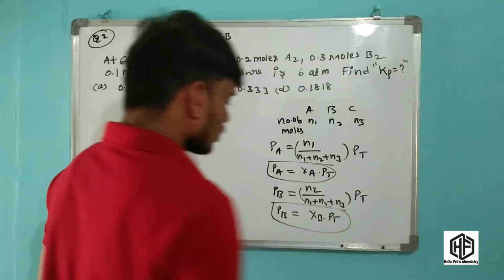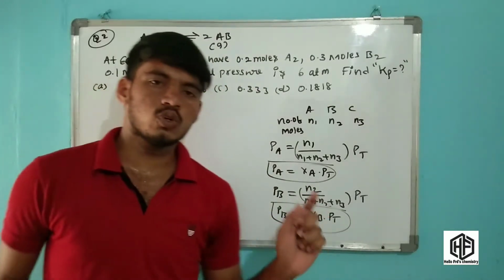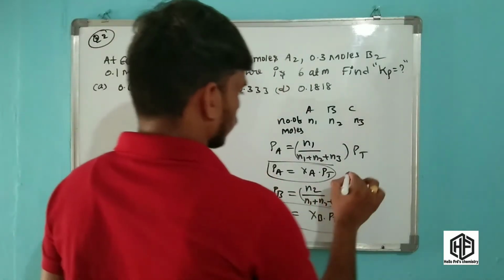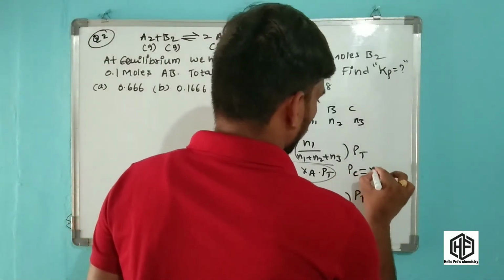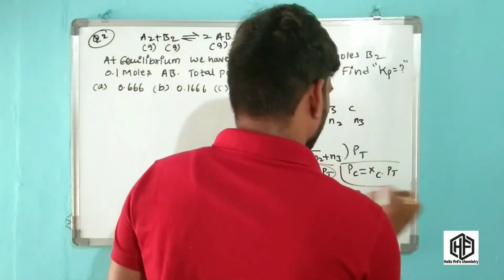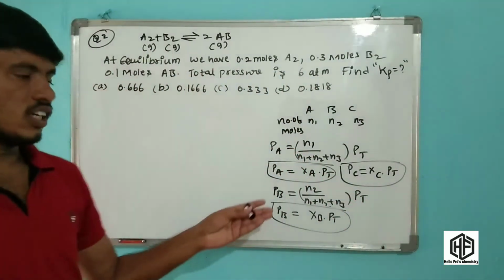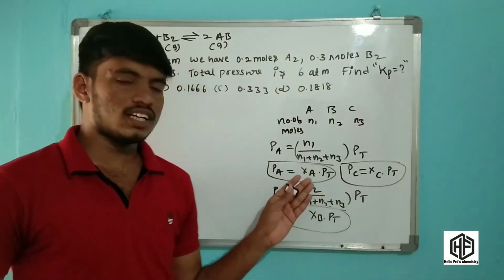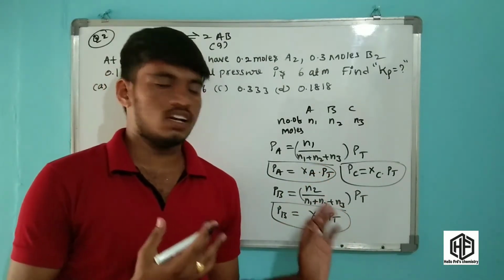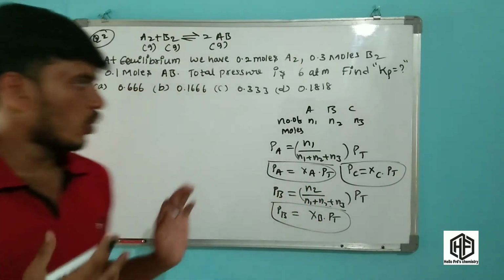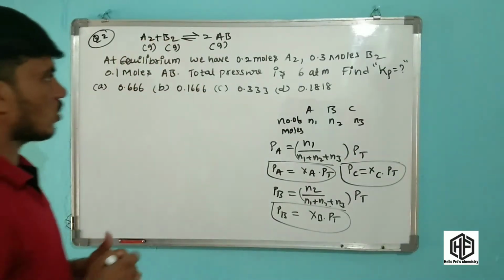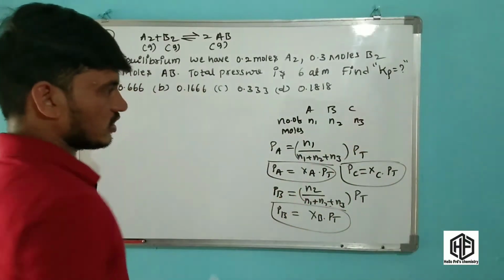As well, the partial pressure of C is the mole fraction of C into total pressure. Dalton's law says that to calculate the partial pressure, the formula is mole fraction into total pressure. Using these key points, you have to solve this question. This is clear, friends.